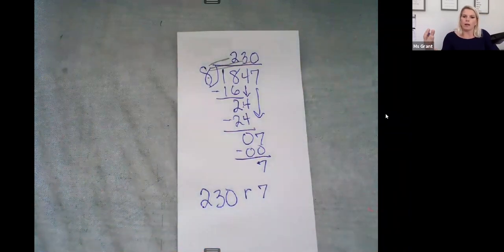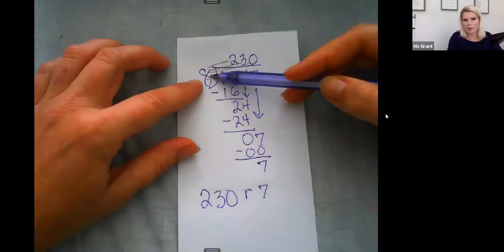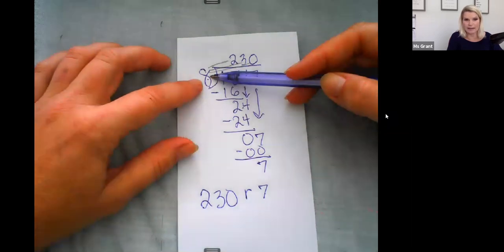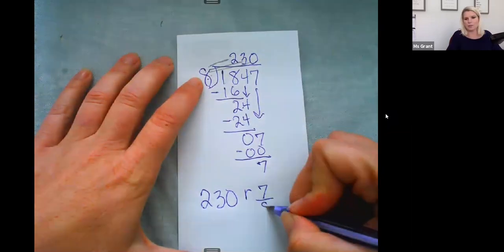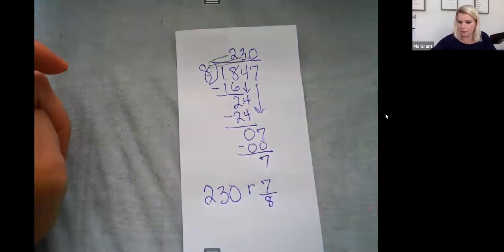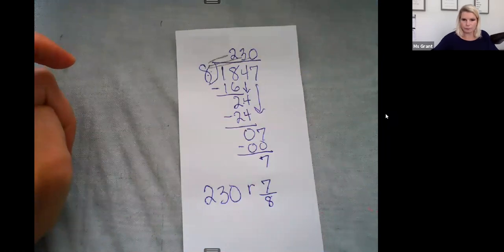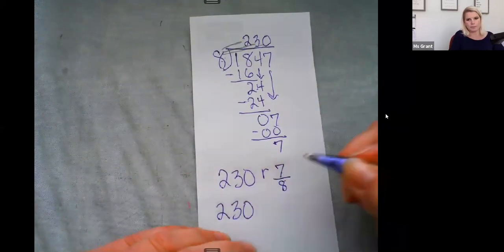But I want to go a step further and say there's 7 left over out of the 8 that we were originally dividing by. So I'm going to say remainder 7 over 8, which you didn't see in elementary school because that would be too advanced for your little brain to handle. But I don't really want to put remainder anymore because, you know, you stop doing that.